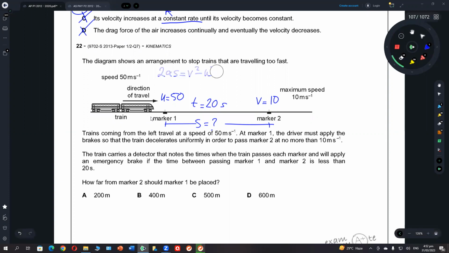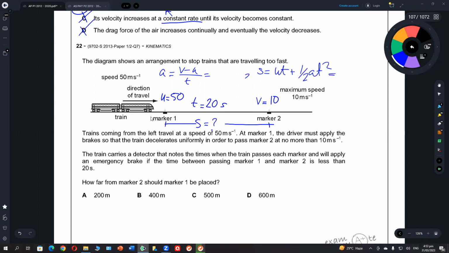So we should use a equals v minus u upon t. This will give us acceleration. And then we can use s equals ut plus half at squared.